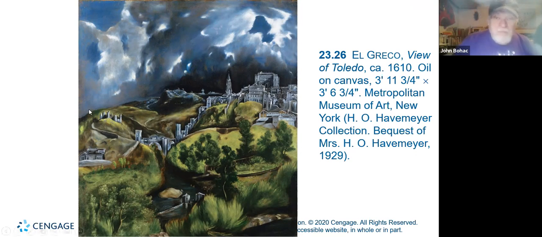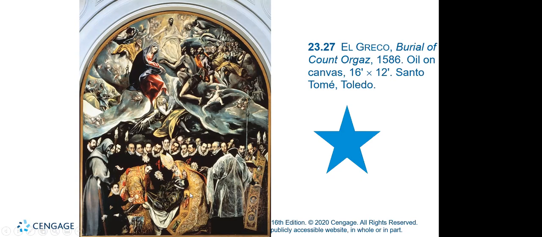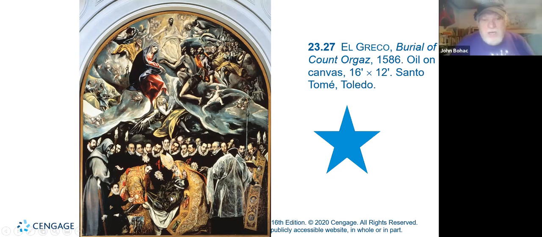And so, View of Toledo, and I put the star by this one because this is really probably one of the best known El Greco paintings of all, the Burial of Count Orgaz. And you see him here, and this is all painted almost like in Northern Europe, high style of the day, the frilly collars, all of the important men, the clergy, the monk, the deceased.